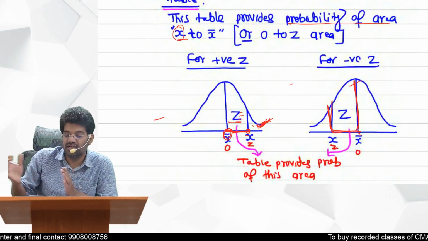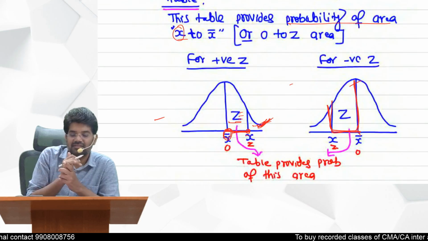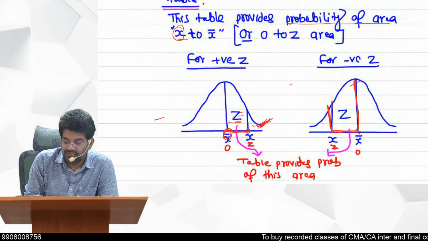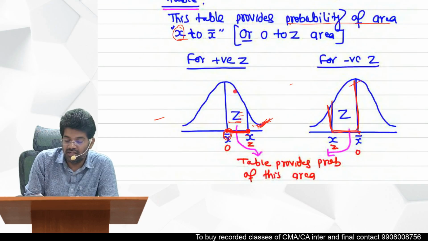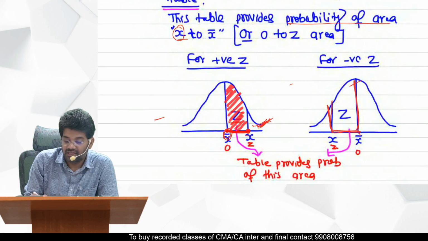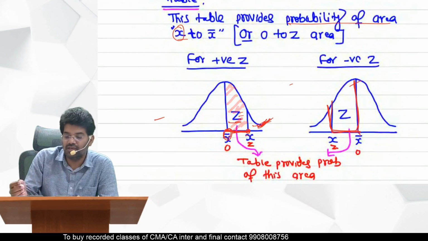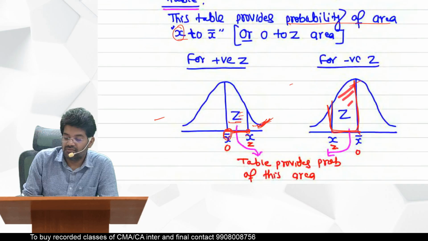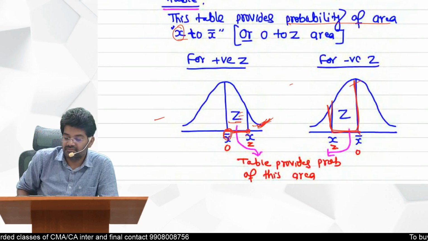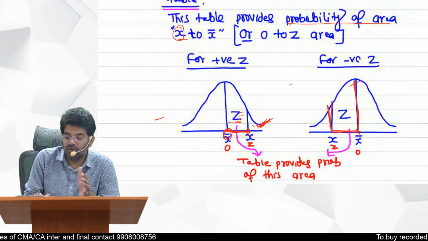This X bar is nothing but the average. So from here to here only that table will give the value. This value it is going to give as positive. The same thing you can take negative also, from X bar to X, negative Z. So the table value will provide only this value.